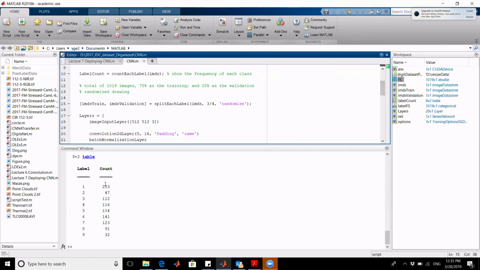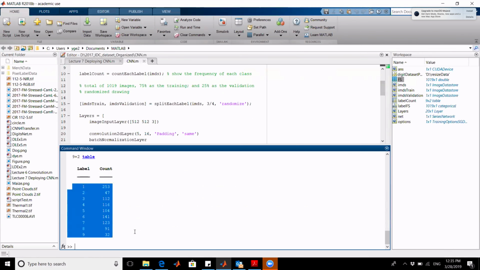If I want to choose 3/4 of label one to go into the training set, and the remaining goes to the validation set, it does the same for all of the other labels. That's what the split each label function means. You don't have to do that. You can do random, and then it should be roughly proportional for each of those labels.